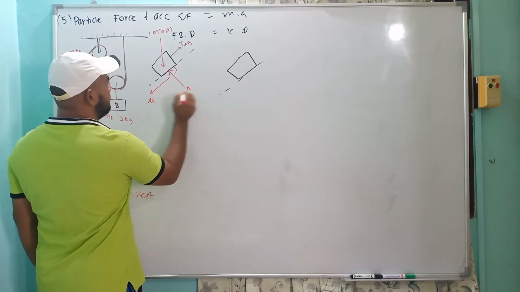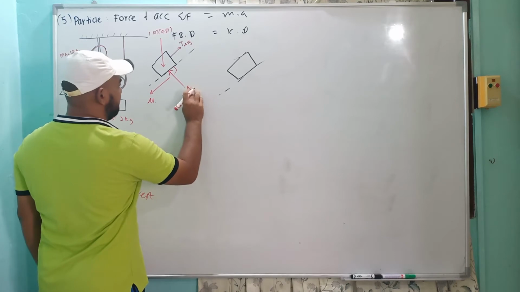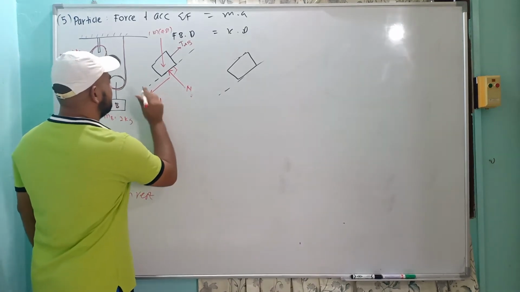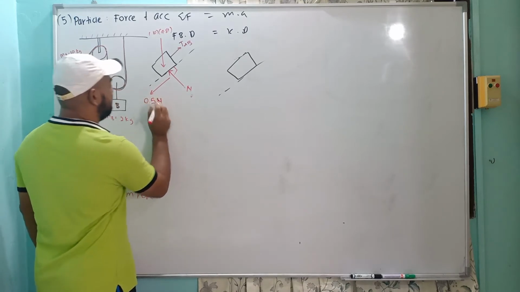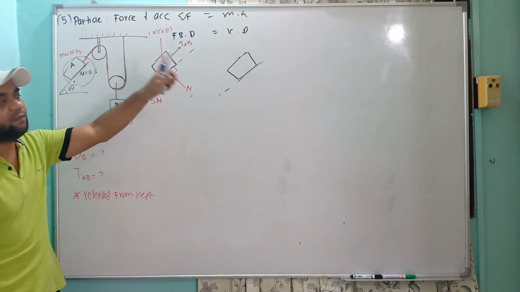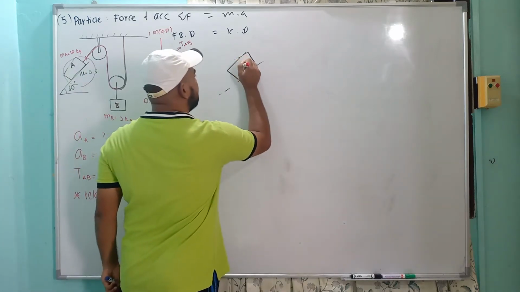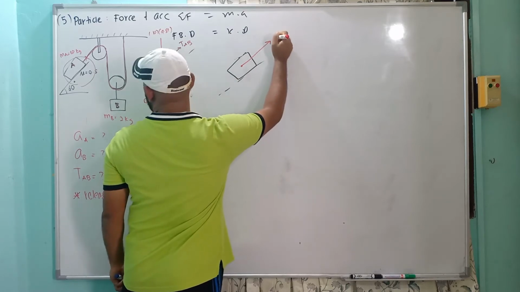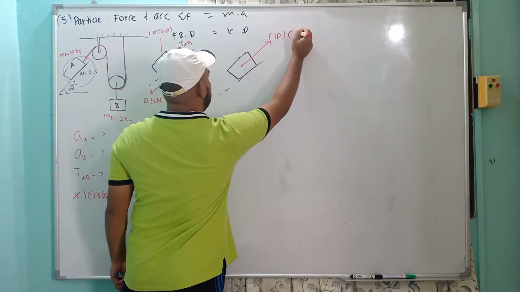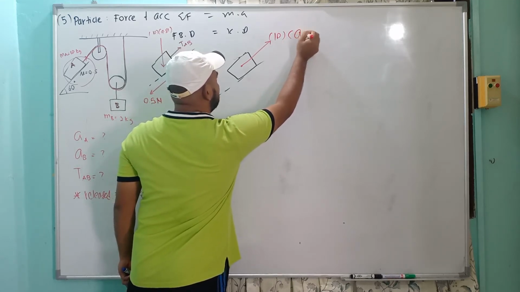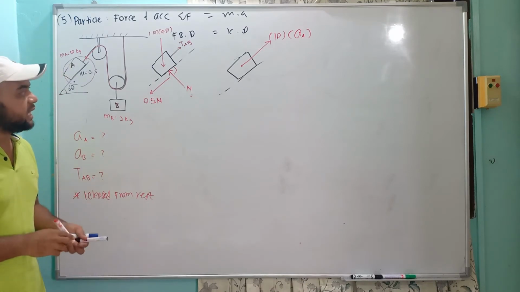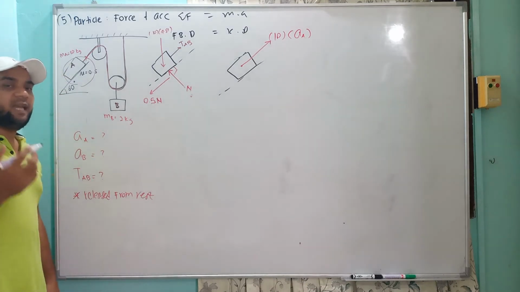Friction is mu N, and mu is 0.5, so 0.5 times N. Because we assume the component moves upward, the kinetic diagram has ma upward, with m equal to 10 and acceleration A. The next step is to construct the axes.